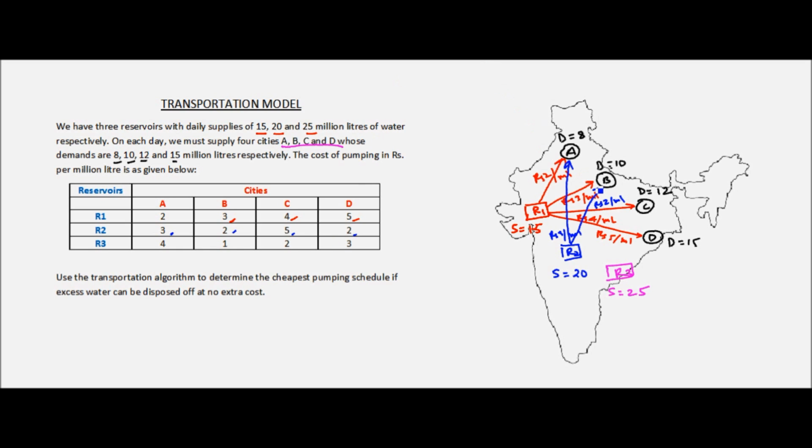So as you can see, each of these cities has multiple options of satisfying their demand using the water pumped from any of these reservoirs. However, there is a cost associated with each of the reservoirs pumping water to each of these cities, and that is varying by each of the reservoirs.